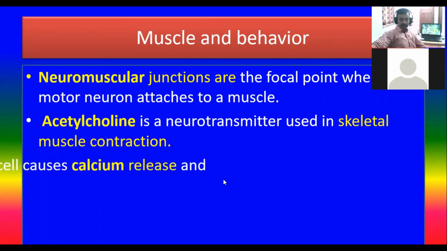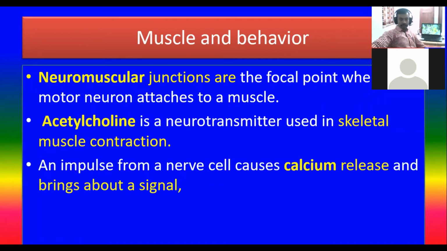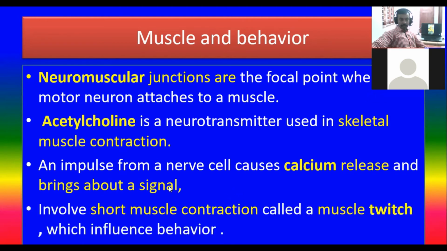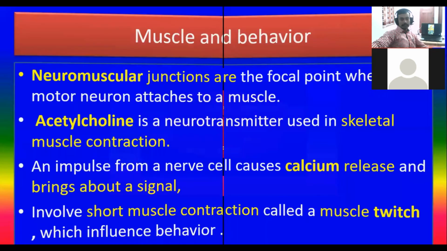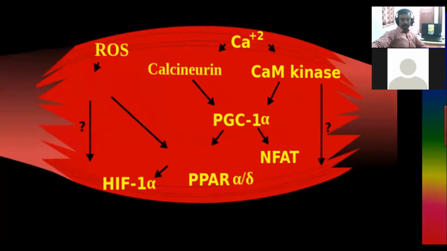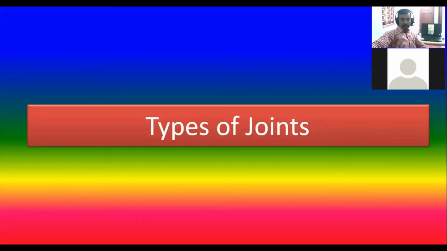Impulses from nerve cells cause calcium release, bringing about a signal. This involves short muscle contractions and muscle twitches, which influence behavior. Look at this, a chemical transmission to the muscles from the motor neuron.